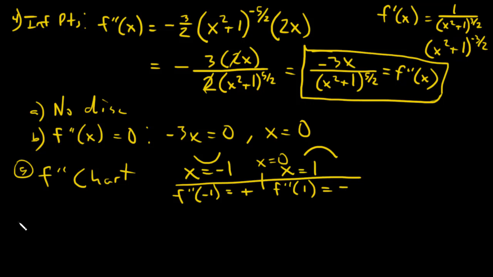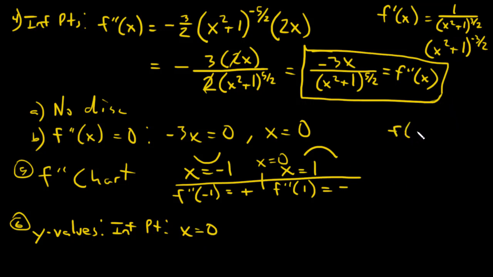Now I can go ahead and do the y values too, because there's not that much to them. I only have one y value to look at, and that is at x equals 0. That's an inflection point, and it is at x equals 0. So what do I plug that into? I'll plug it into the original. So let me rewrite the original.